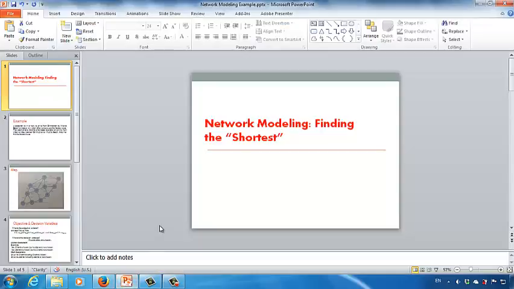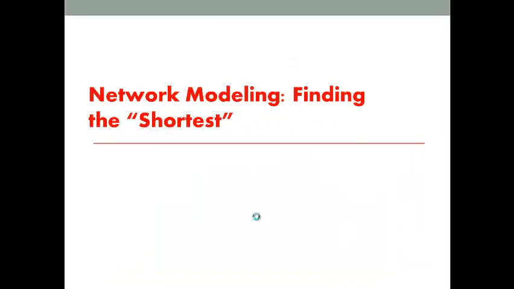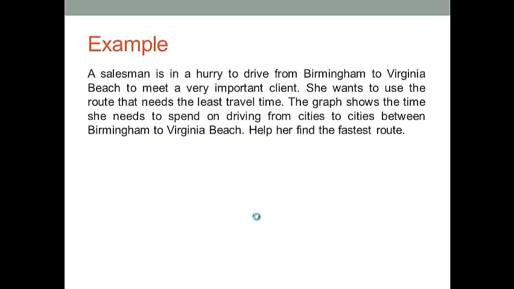This is what we will talk about in this lecture, the network modeling theory. This analysis technique is frequently used in finding the shortest route, the route that needs the least amount of time, and so on. I want to use an example to show everyone how to use network modeling to find the route that needs the shortest amount of time for the travelers.